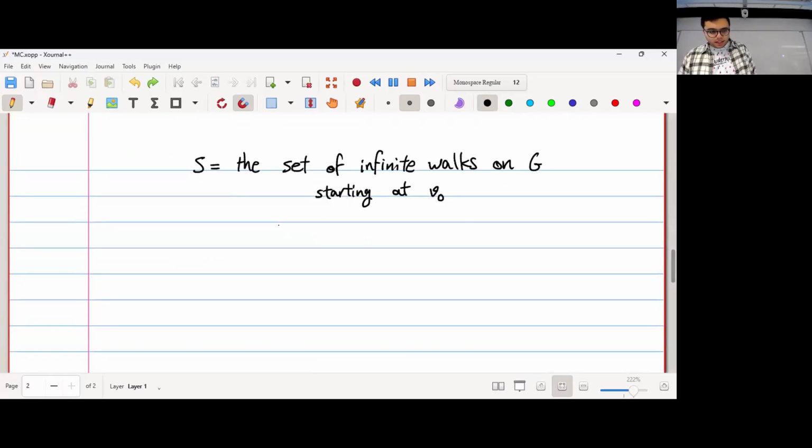Okay. So here's what I'm going to do. I'm going to say let W, so I'm going to write both vertices and edges, V0, E0, V1, E1, and so on to Vn, be a walk in G. And this is, of course, a finite walk.